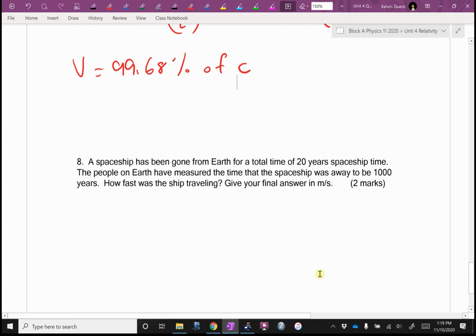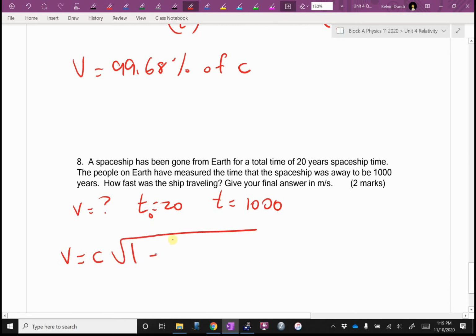Number 8 wants this in meters per second. So again, finding V, T0 is 20, T is 1,000. V is going to be C times the square root of 1 minus T0 over T all squared.